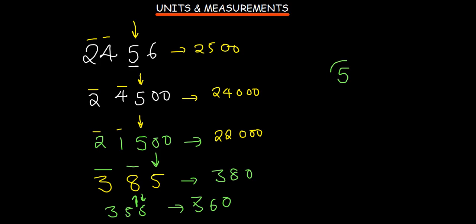It's only for 5. And that's only if there are no numbers this side, or there are zeros after a 5. That's when now you start looking at the number that is in front. Only 5. But if it is a 5 and there is a number this side, this rule stops applying.